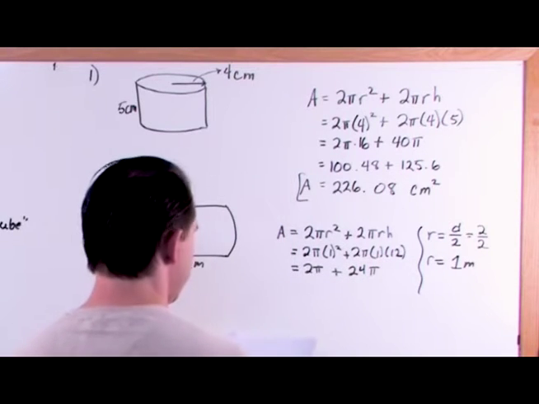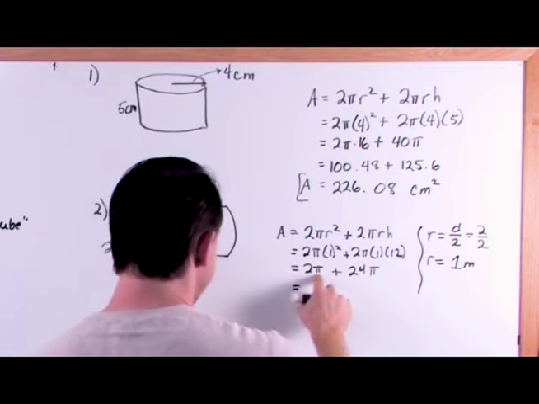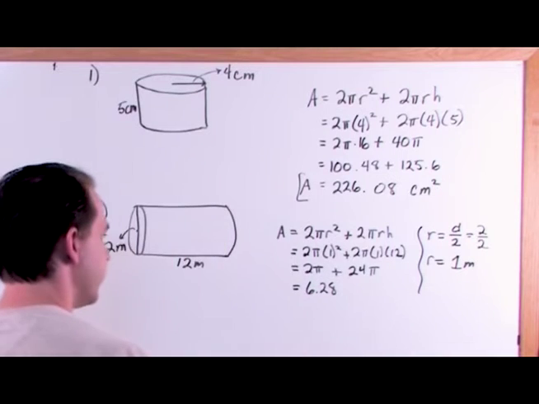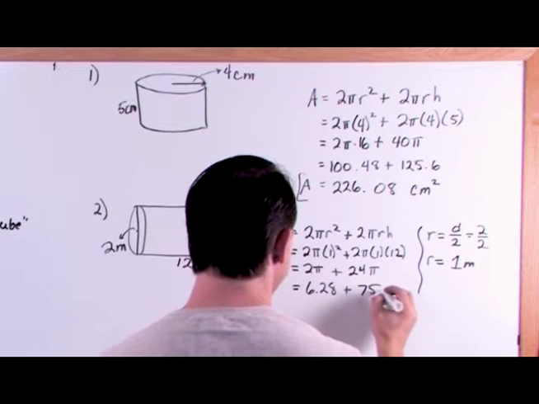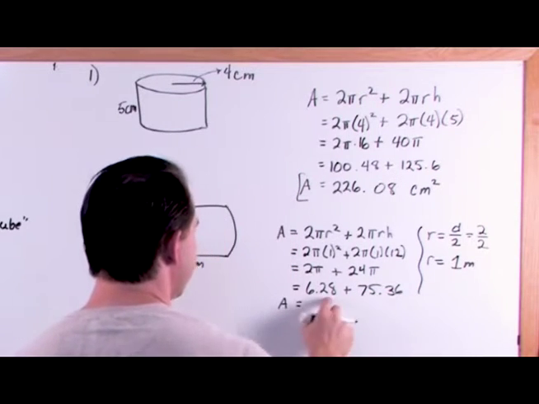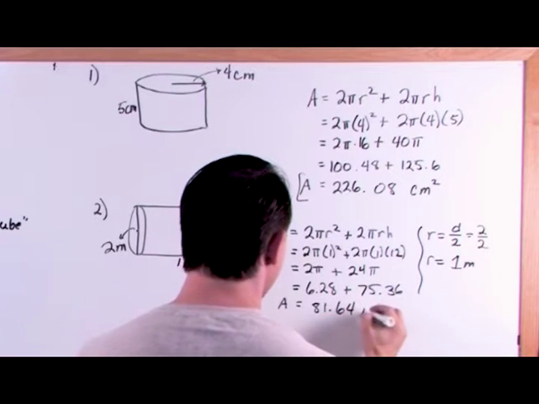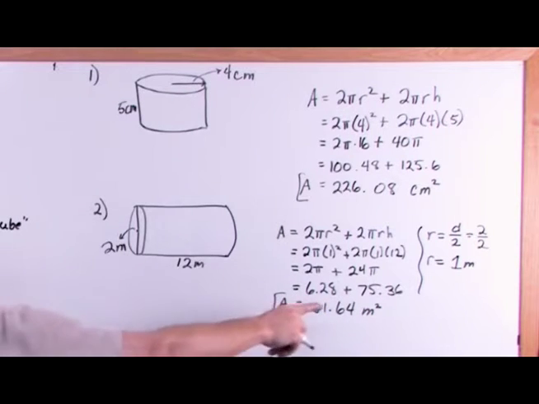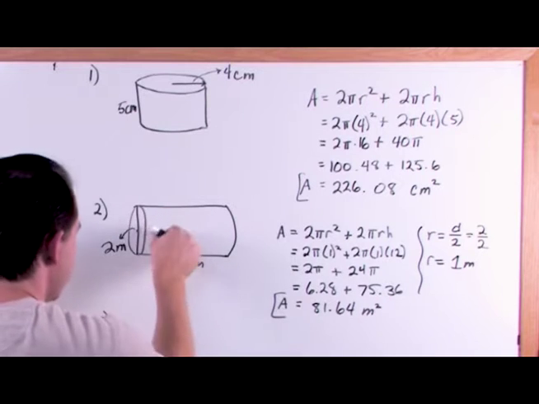And now you can start plugging in for pi. 2 times 3.14 is going to be 6.28, plus 24 times pi is 75.36. And so the area, when you add these two numbers together, is just going to be 81.64 square meters, because we're dealing with meters, and the unit of area has always got to have a square, because we're talking about units of square meters.